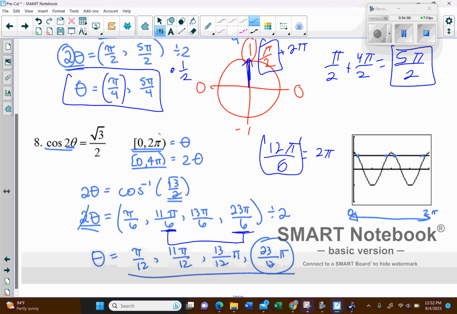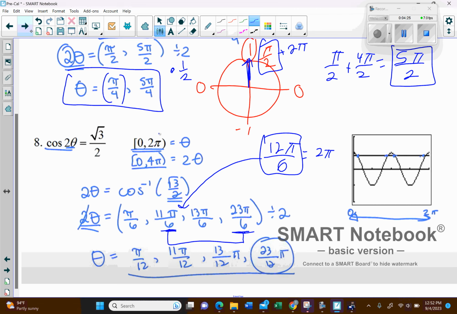And so if you add this to this right here, that gets you to 23 pi over 6. But that would be true if that 2 wasn't there, but the 2 is there. So we have to make that adjustment, basically undoing the adjustment that we made to the parameters. So we divide by 2, and that's where that value comes from right here.